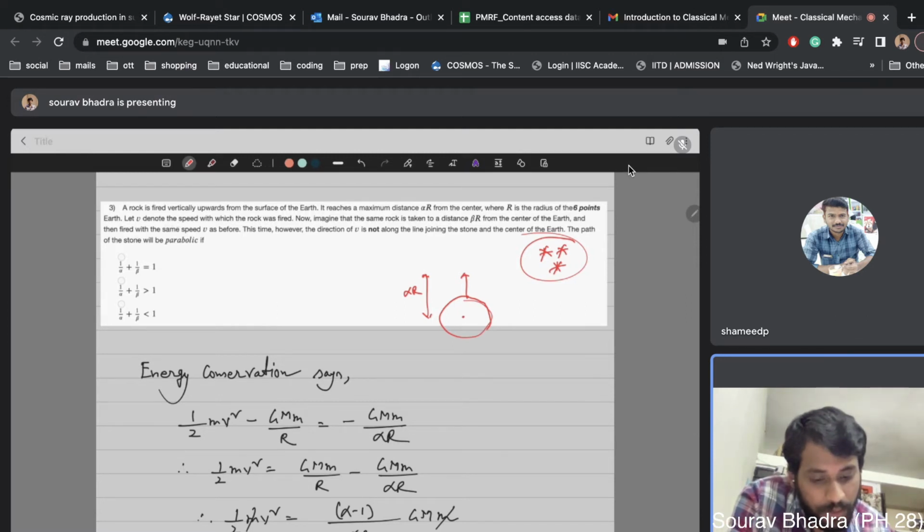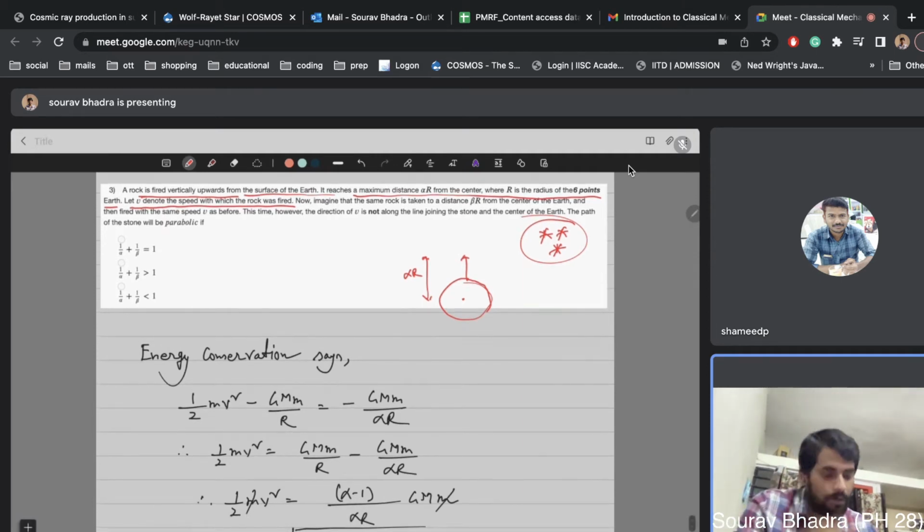Let v denote the speed with which the rock was fired. So just focus up to this part of the question: one thing is fired with the velocity v. What information can we get from this particular sentence?